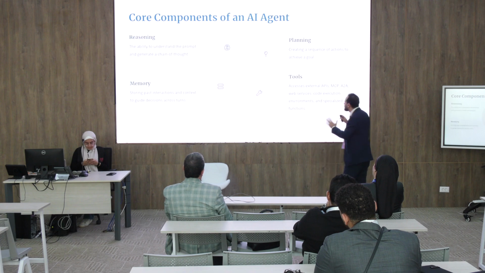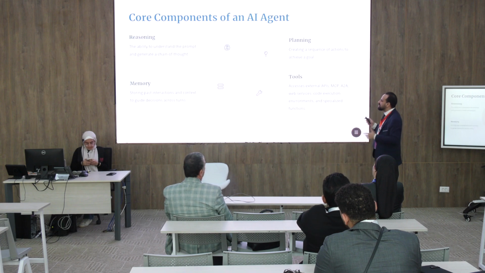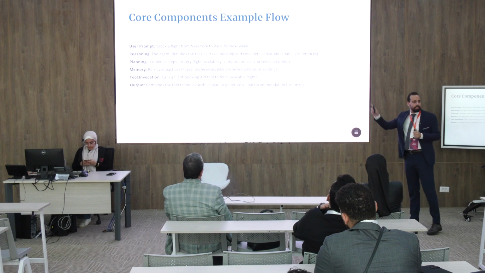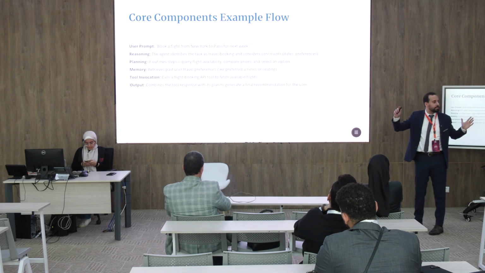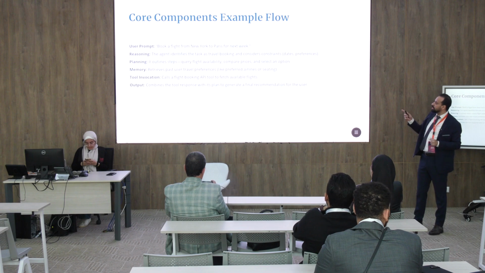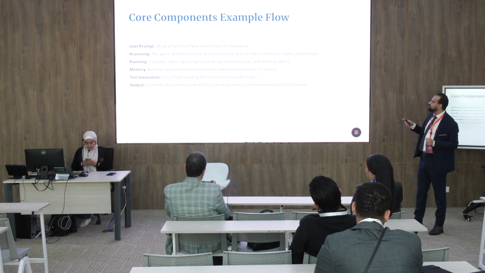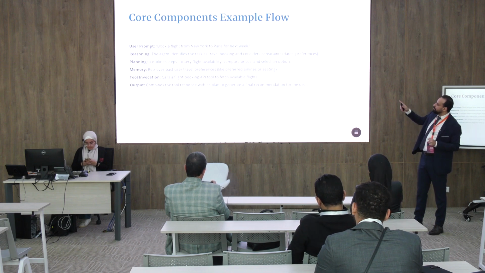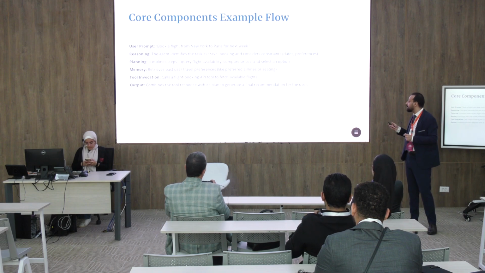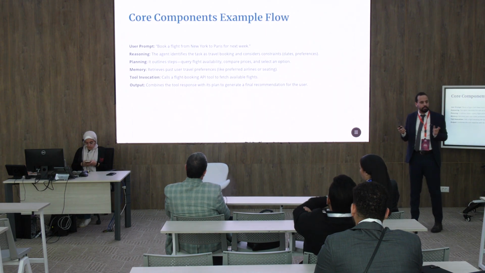Enough of the definitions. Let's have a concrete example. I have an AI agent that helps in booking flights. The user asks the agent, I want to book a flight from New York to Paris next week. So remember the reasoning component.